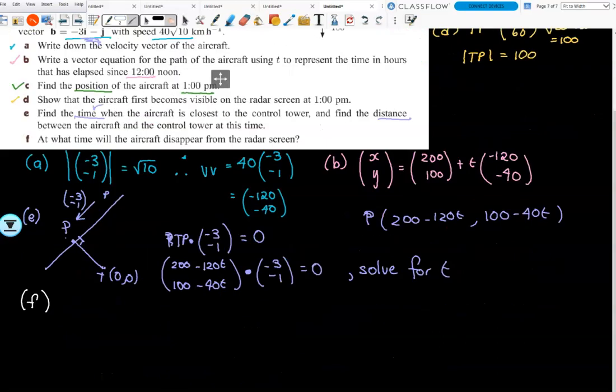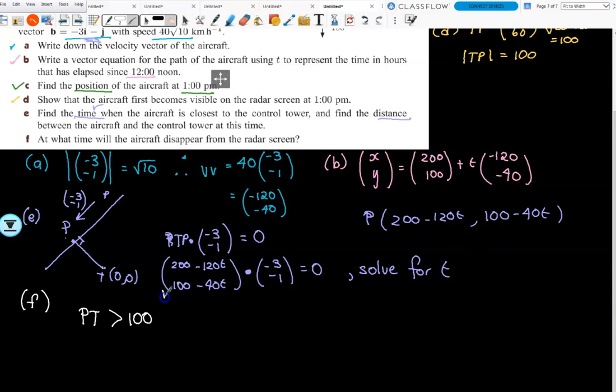Singapore Airlines. Part F: at what time will the aircraft disappear from the radar screen? We want the distance from P to T to be greater than 100. In this case, it's lovely that the tower is at 0, 0, so technically this takes 0.